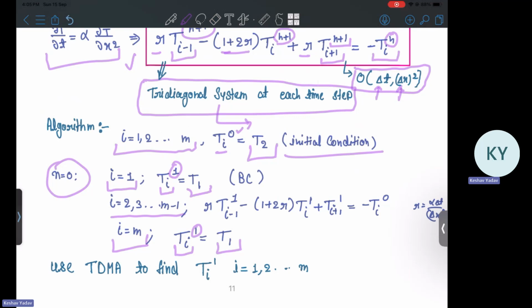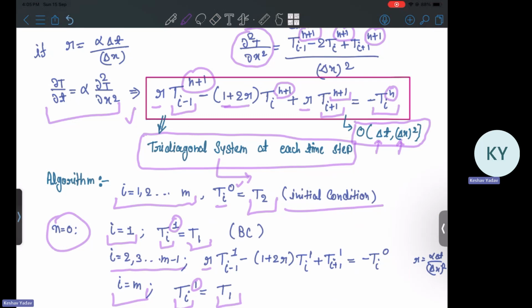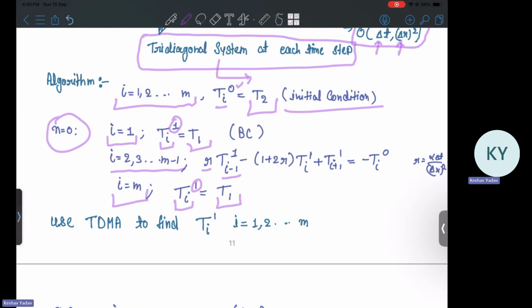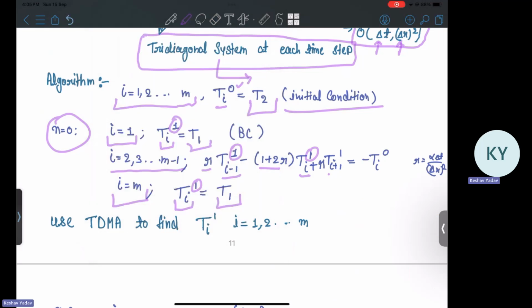And for i equal to 2 to m minus 1, this will be r multiplied by Ti minus 1 at first minus 1 plus 2r Ti at first plus r multiplied by Ti plus 1 at first, that will be equal to minus Ti at 0th.